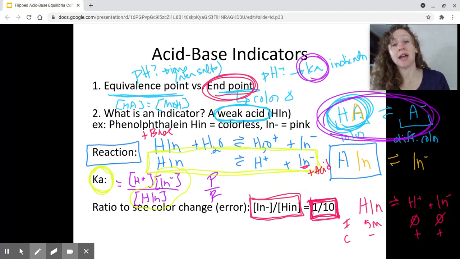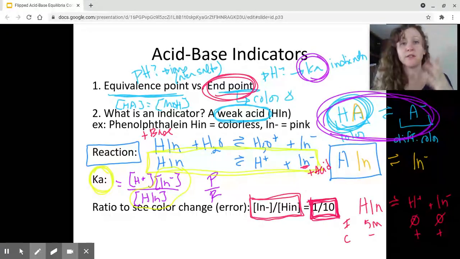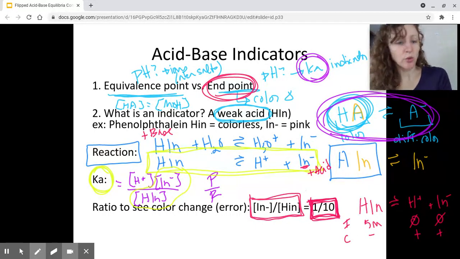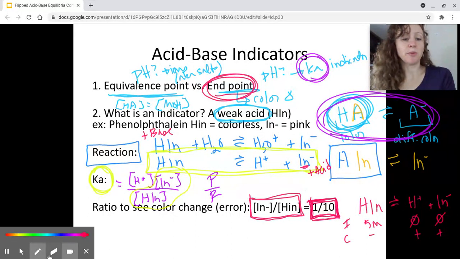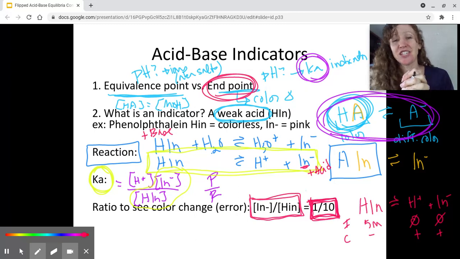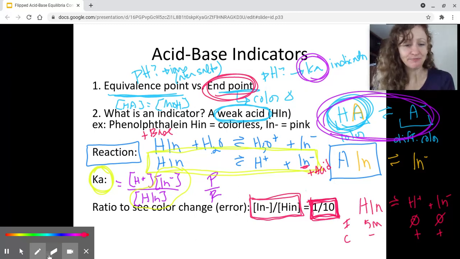Okay, so the endpoint is dependent on this ratio of the weak acid indicator and its conjugate base, and we're going to be able to perceive the endpoint when the ratio is about 1 to 10. So interesting to know. Not necessarily a crucial piece of information, although Zoomdal is going to make you work with that information a little bit, try and apply it, bring your knowledge and your context and your skills all together to try and apply it.